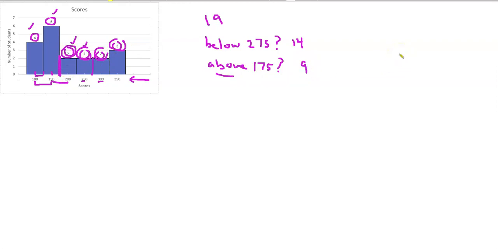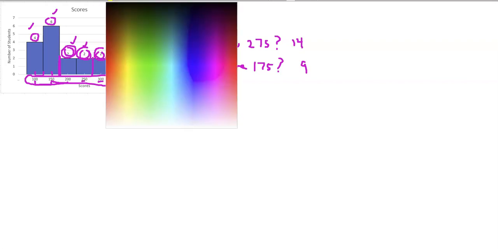And if it then said, what's the highest possible score of a student represented in the histogram? Realize that these are the scores along the horizontal axis. With a histogram, when you group data into intervals or bins, you don't really know individual values. So the highest score is in this last bar right here.